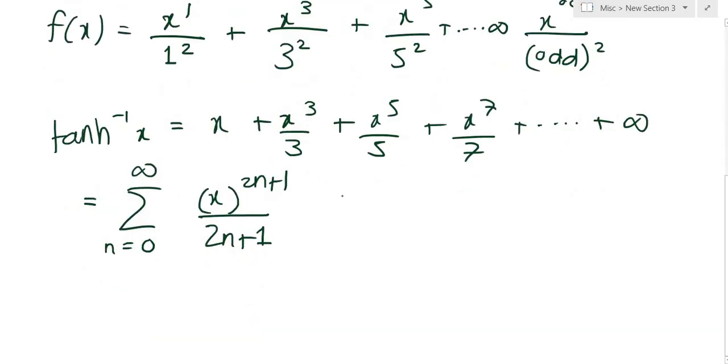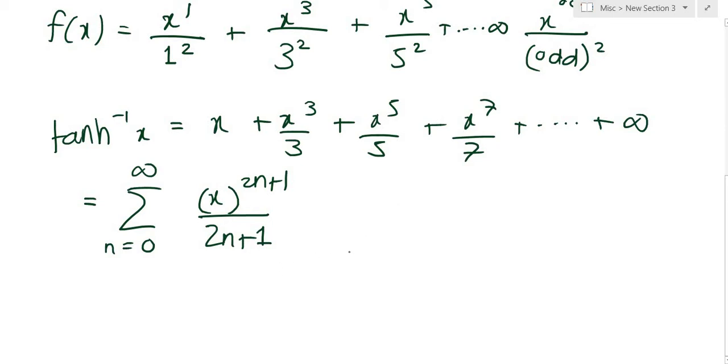So we have to do some operation on this Taylor series of the inverse hyperbolic tangent so that we obtain our denominator squared. Some operation, I'm thinking of integration, because that's a convenient method, I think, of doing something like this.